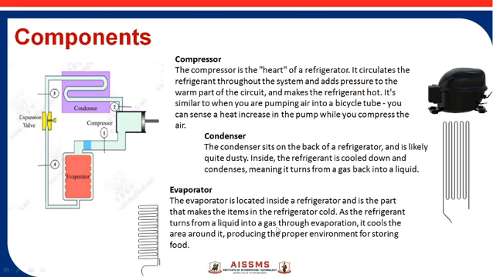It is the part that makes the items in the refrigerator cold, and the refrigerant turns from liquid into gas through the evaporation. That low pressure vapor refrigerant then goes to the compressor again.